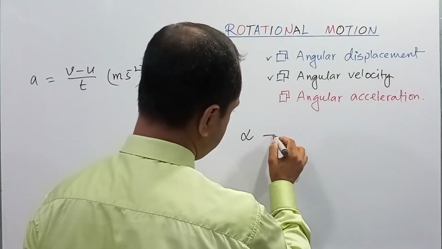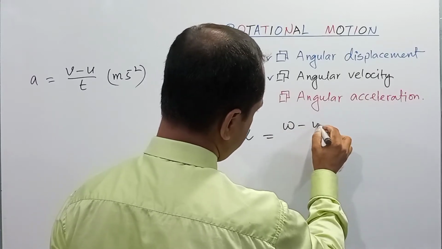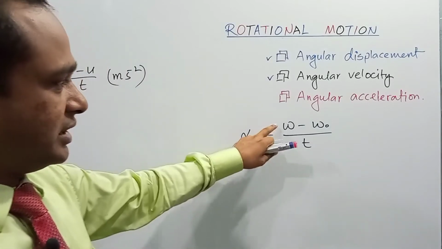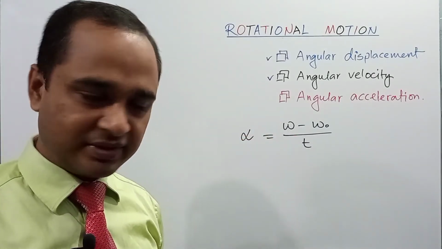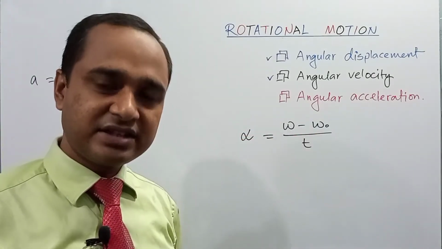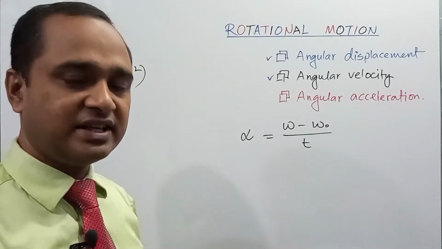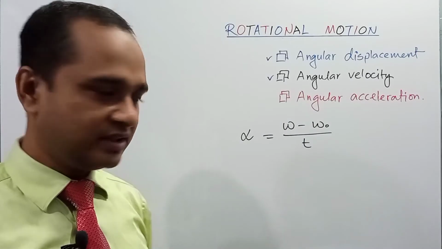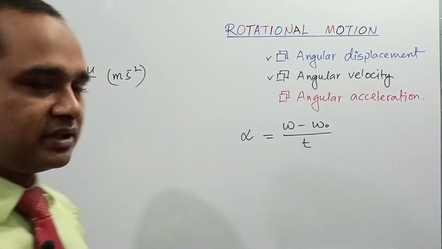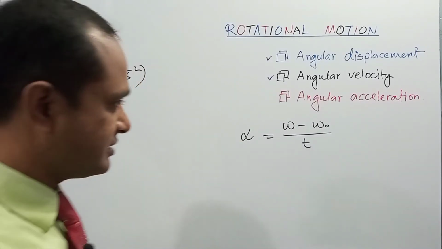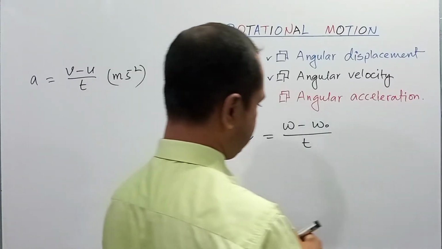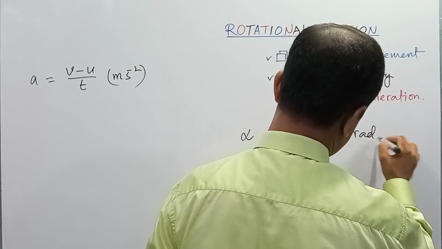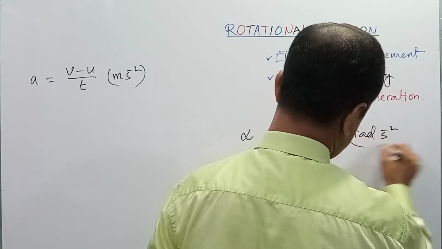So, alpha can be expressed as omega minus omega naught divided by t. Here omega is final angular velocity, omega naught is initial angular velocity, and t is the required time to change the velocity, right. So, this is the expression for the angular acceleration, and the unit will be radian per second square, right.